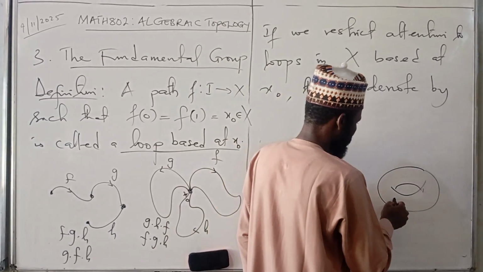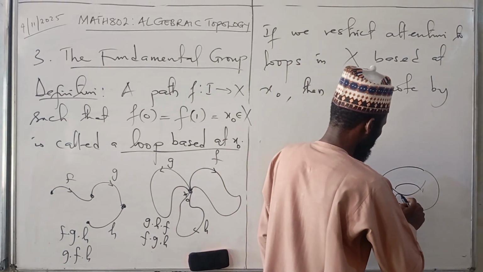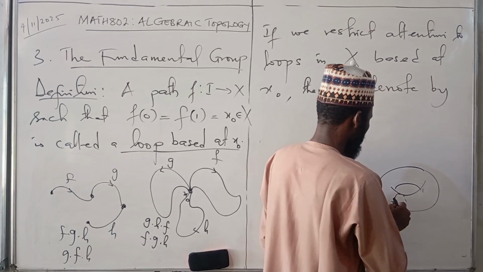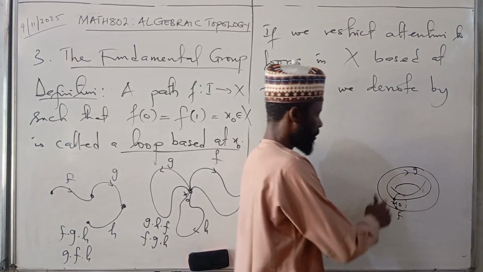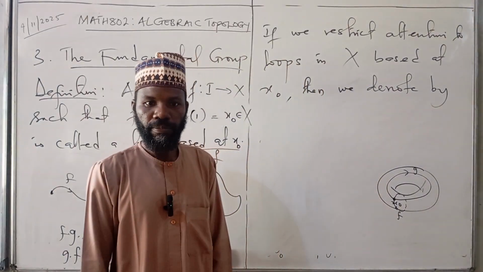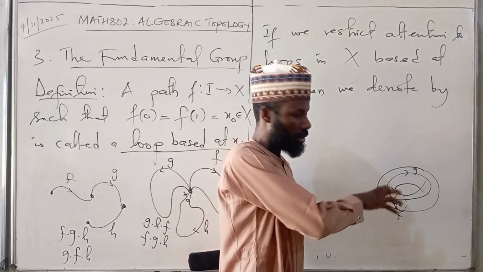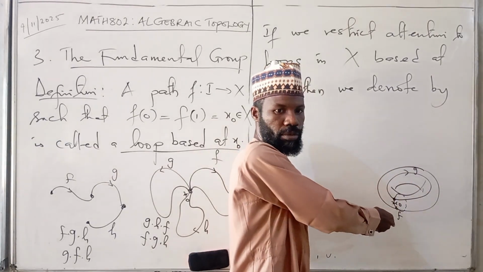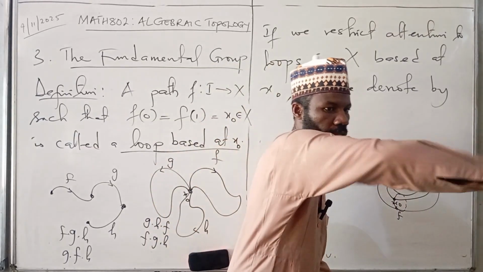So if you identify a point here, x naught, then I can have a loop like this, f, and then you can have a loop like this, g. But then f and g are not homotopic, because there is no homotopy from f to g. You cannot deform or shrink down f to g. This one goes around and this one goes the other way around.